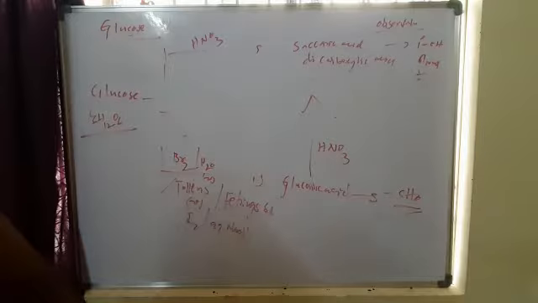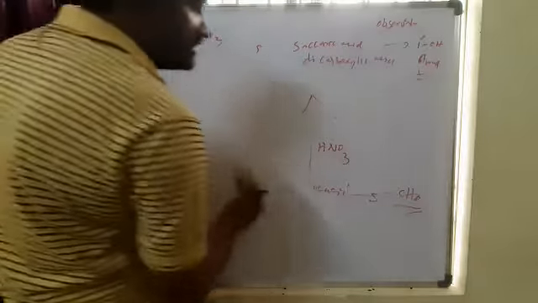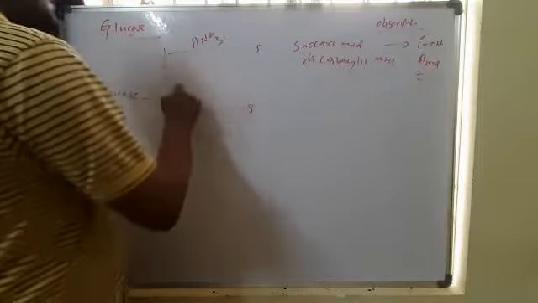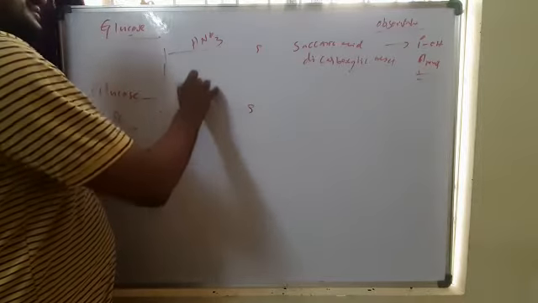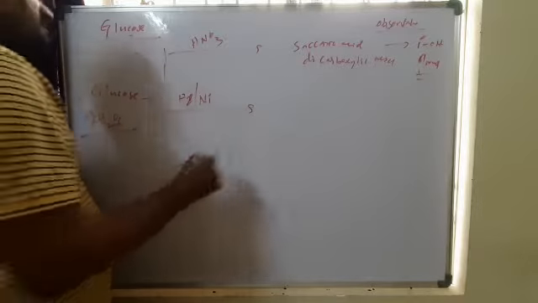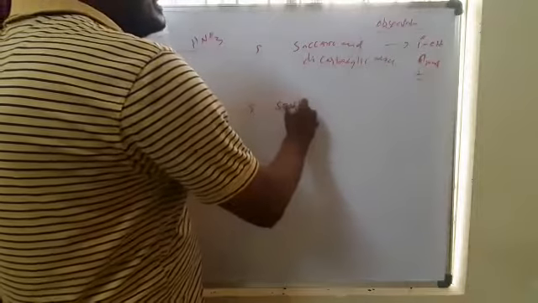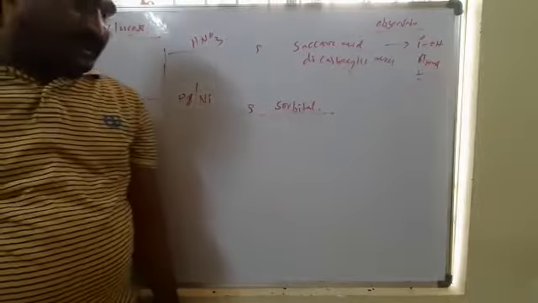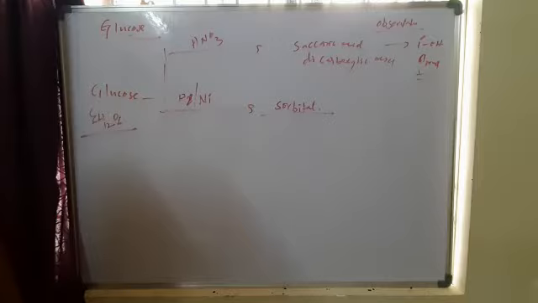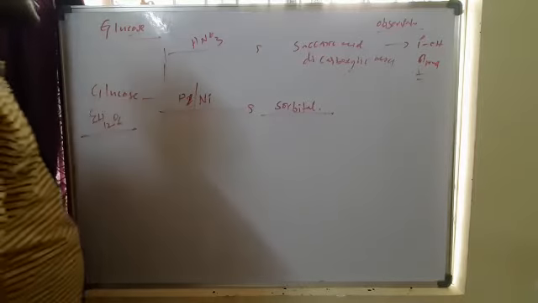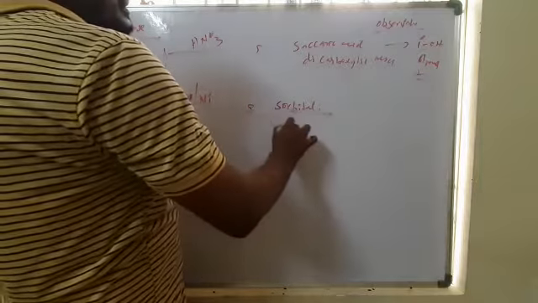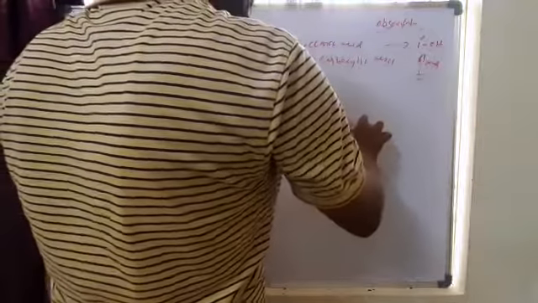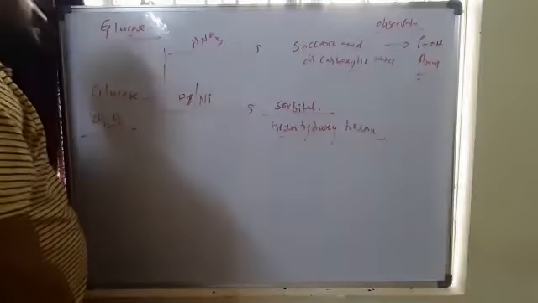Next, when glucose reacts with hydrogen in the presence of nickel, reduction takes place and it gives sorbitol, a hexahydroxy compound with a straight chain of six carbons.